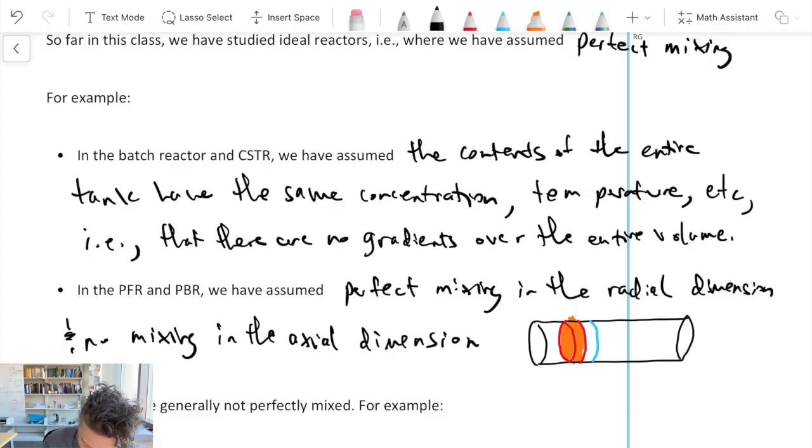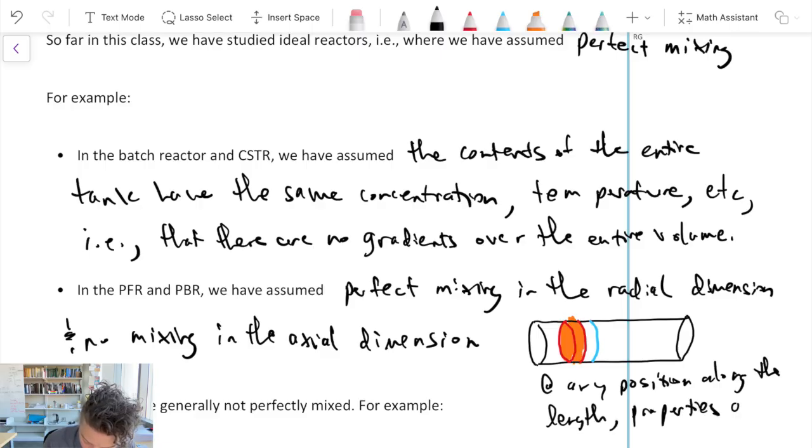So at any position along the length, properties are uniform and properties vary continuously down the length.